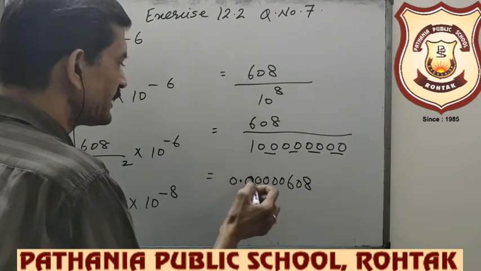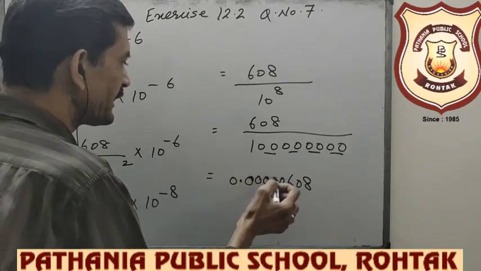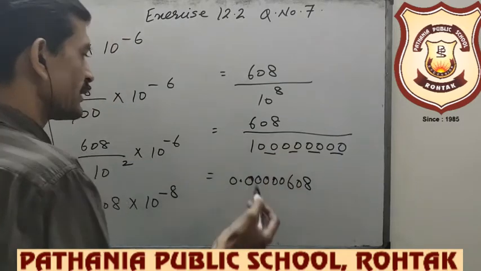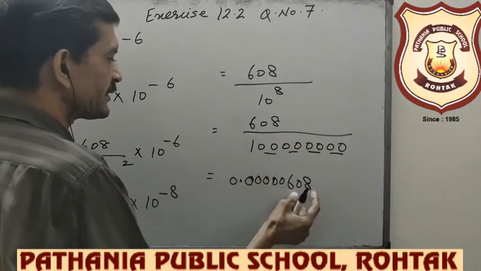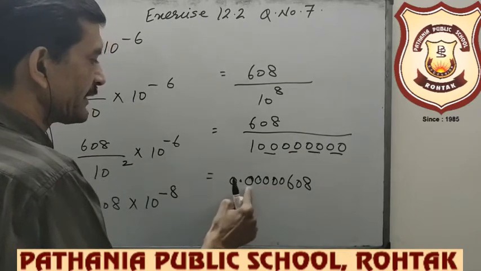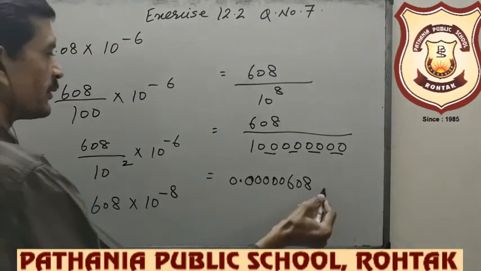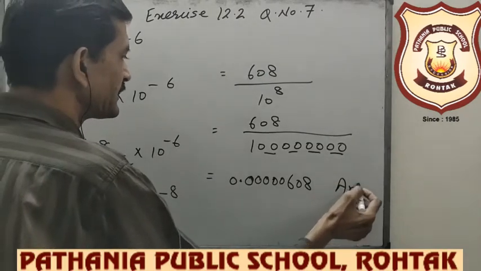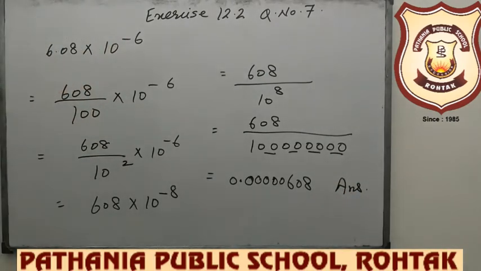So like this, 3 digits are these, 608, then 4, 5, 6, 7, 8. This is the usual form. Answer is this.